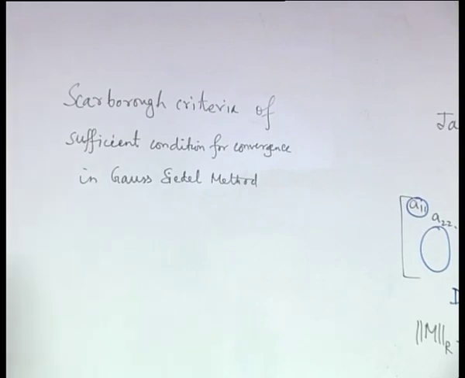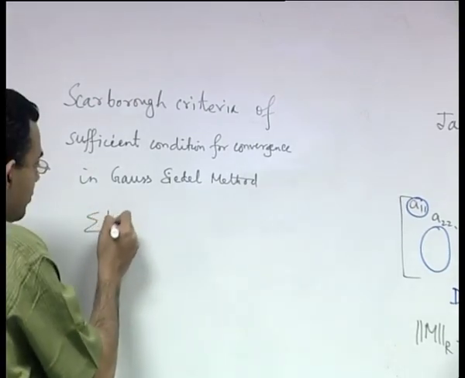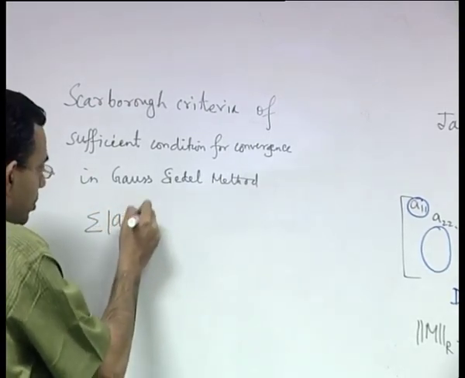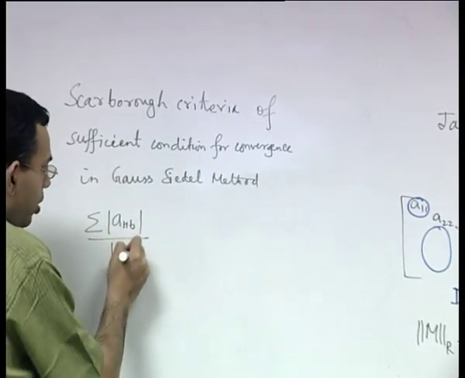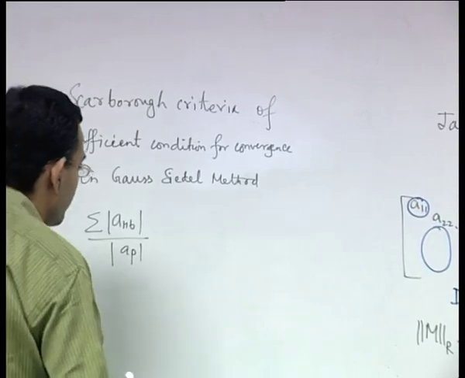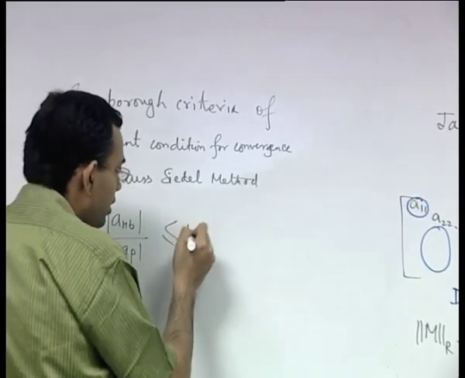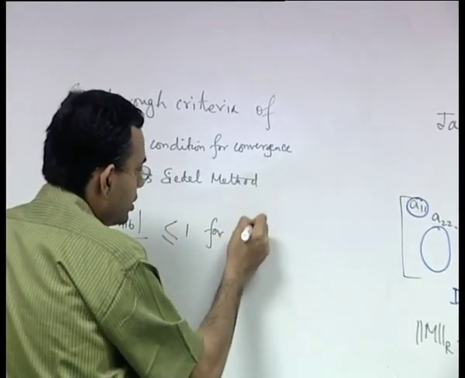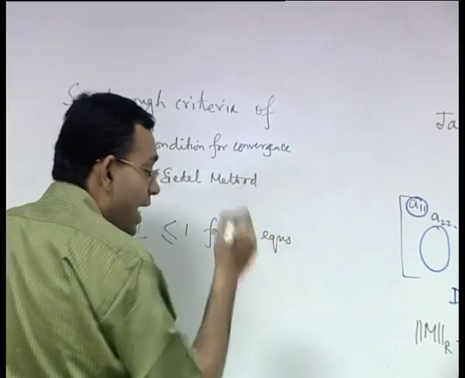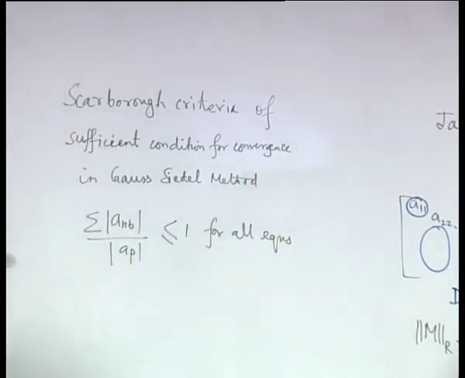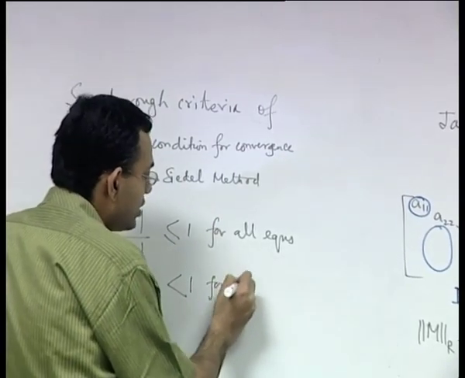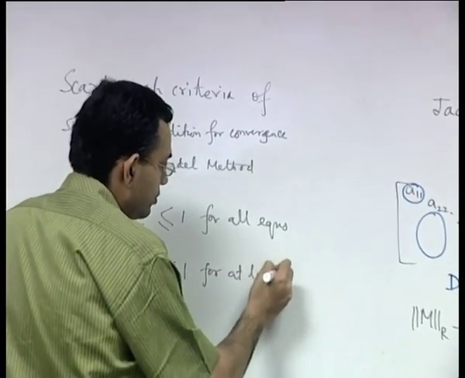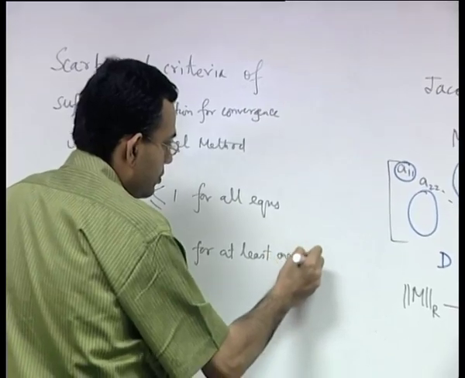It states that you must have summation of mod of A and B by mod of AP less than or equal to 1 for all equations, and in addition one physically based criterion that is less than 1 for at least one equation.